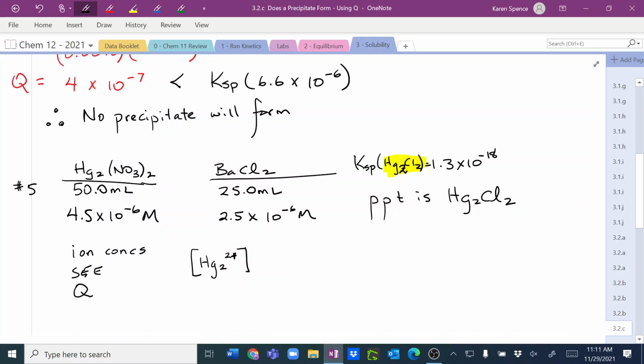It just looks a little weird. But we can calculate its concentration because it's going to be the same as Hg2(NO3)2, and these are all diluted.